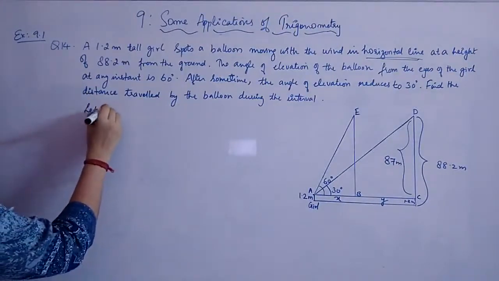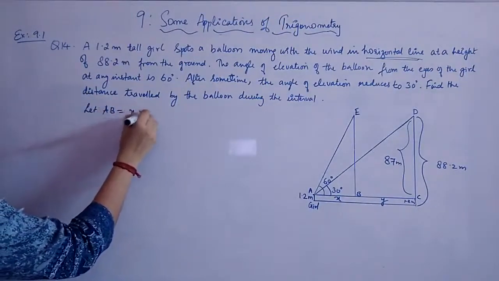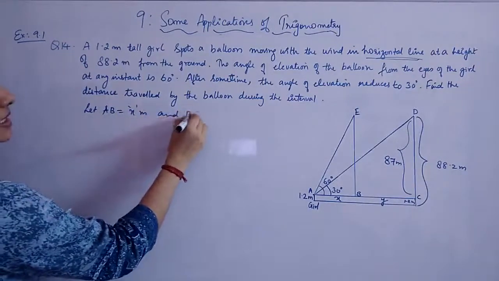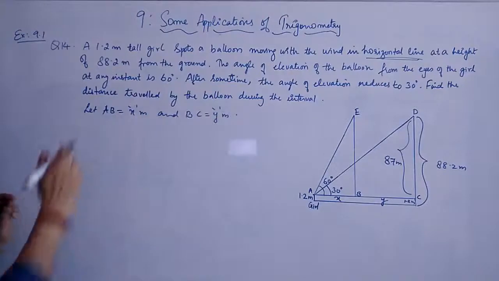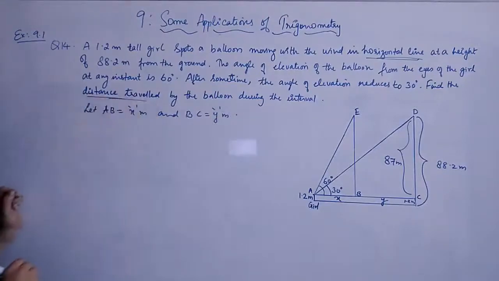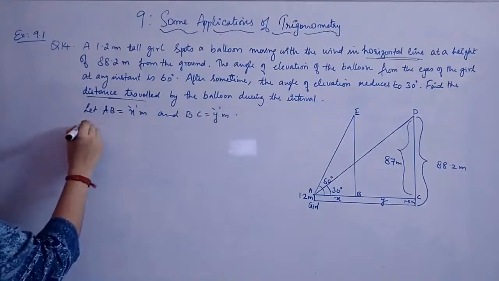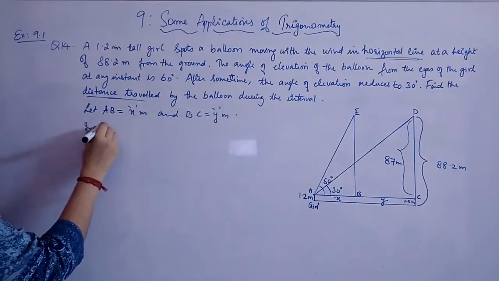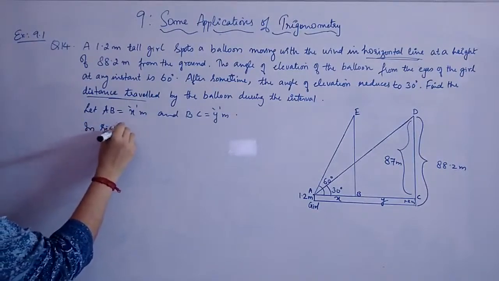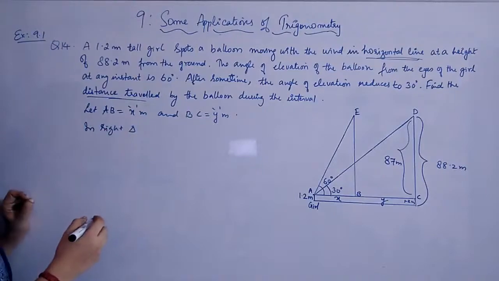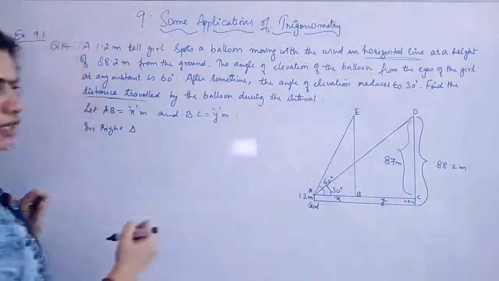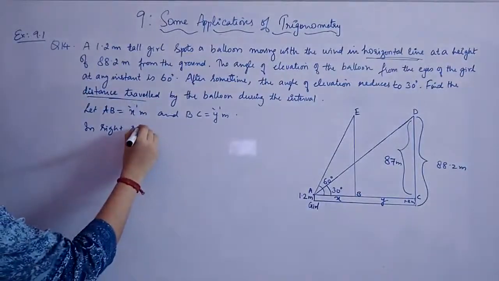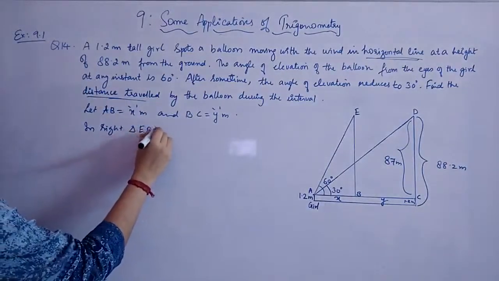Let AB be equal to x meters and BC be equal to y meters, and BC is the distance traveled by the balloon. Now first we are considering a right triangle. Which is the right triangle? We are considering this one first, because we are finding first the value of x. The right triangle is EBA.